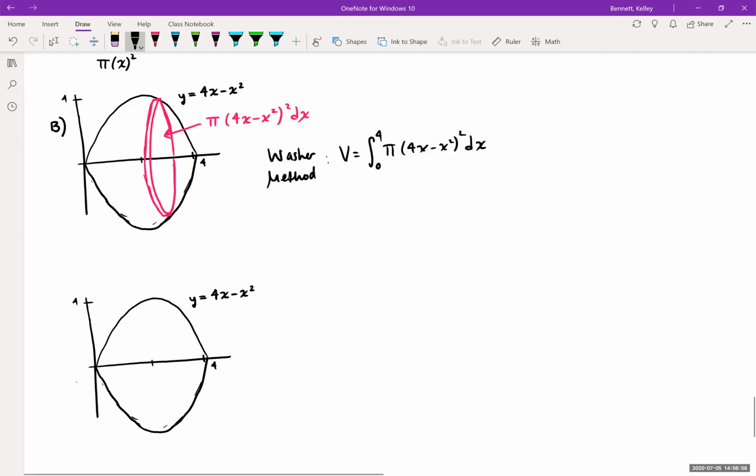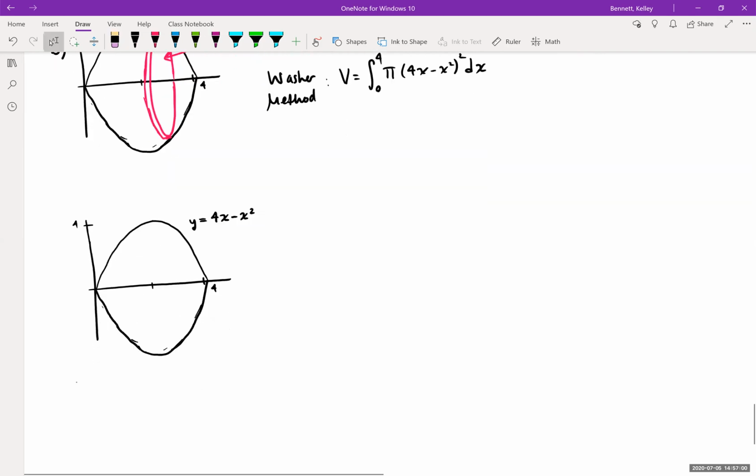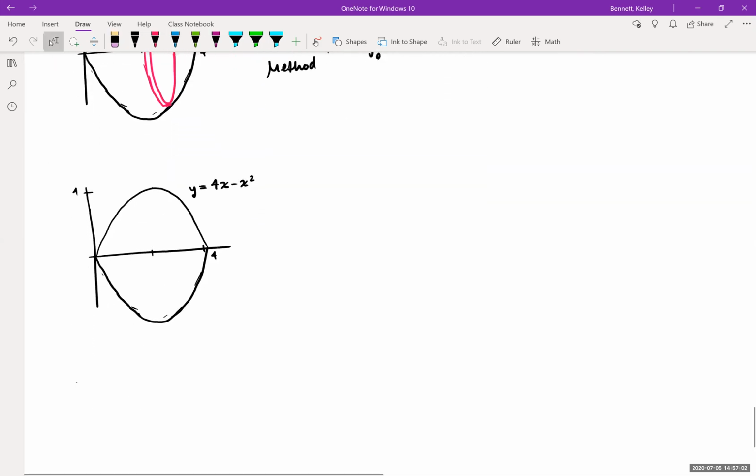If I wanted to do the cylinder or shell or onion method, my cylinders would be like this. But notice that I'm going to have to subtract something to get the length.